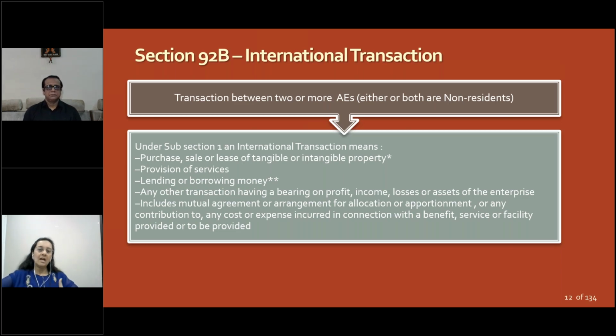So while the entity giving the service may not earn income, it is still rendering a service and allocating its expense. Now these again were very broad.